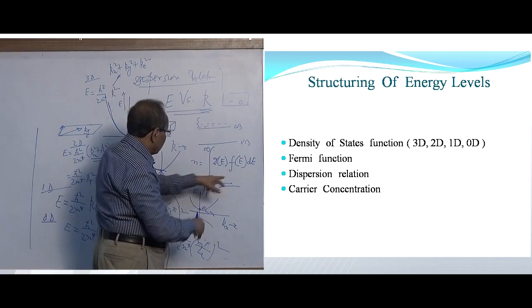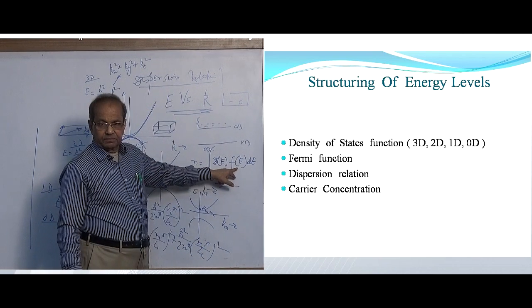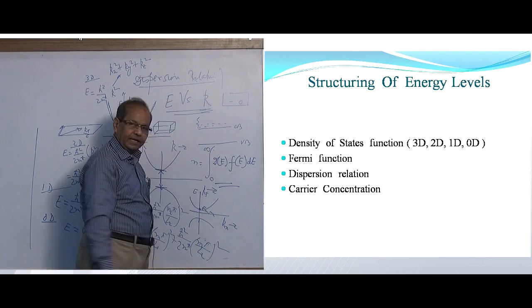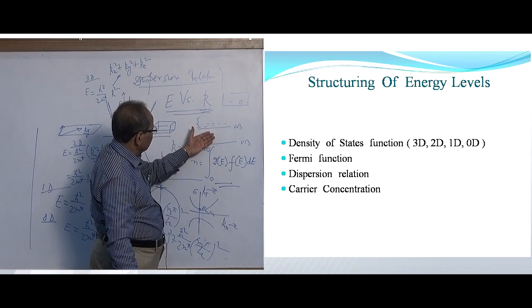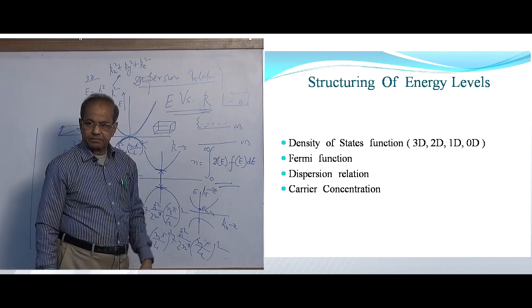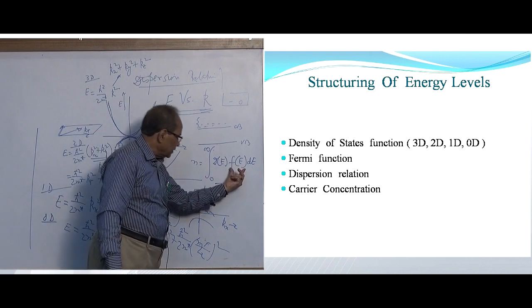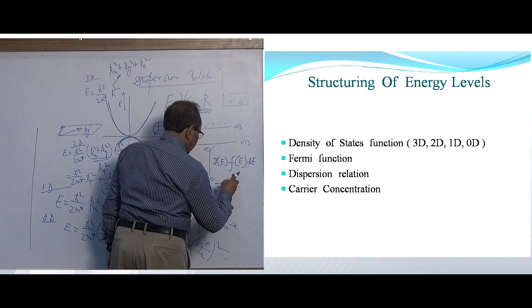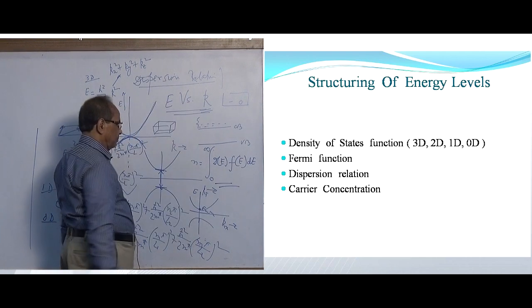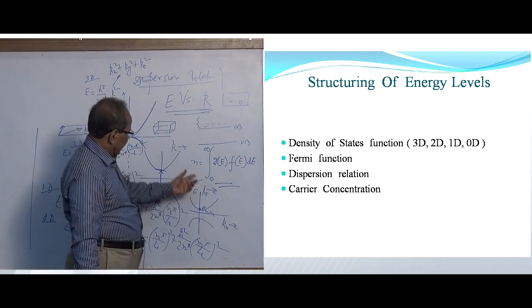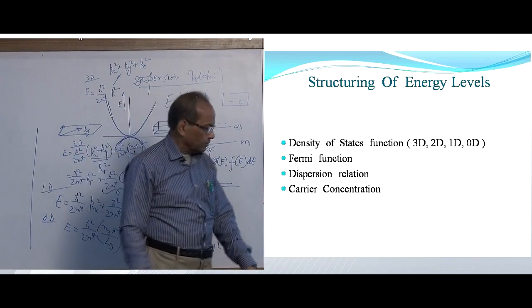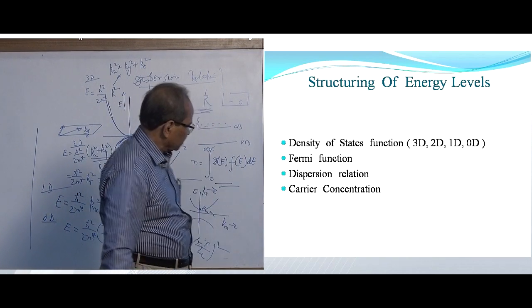So we must multiply by a probability function, because not all levels are filled, some levels may be vacant. So this is the justification of this mathematical formulation, that n equals the integral from 0 to infinity of D F dE, which gives the electron concentration or the carrier concentration.